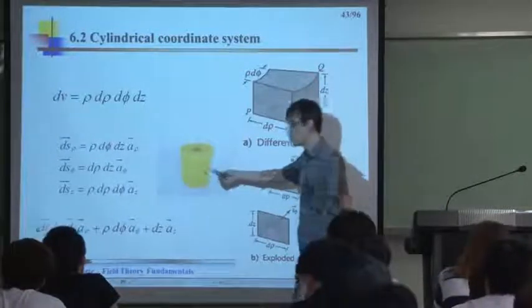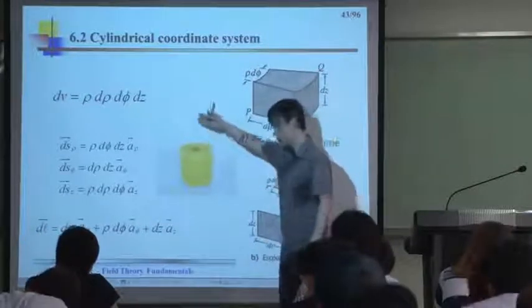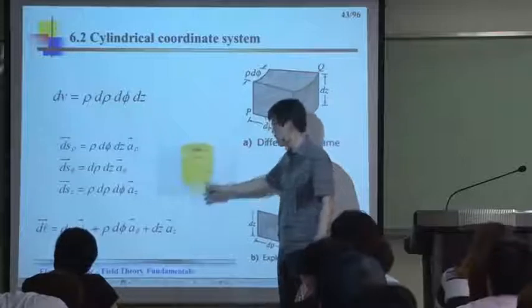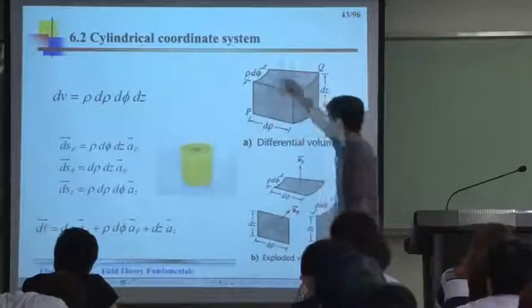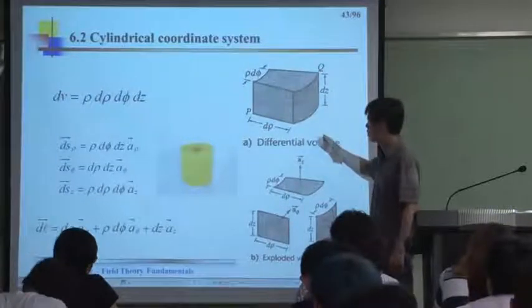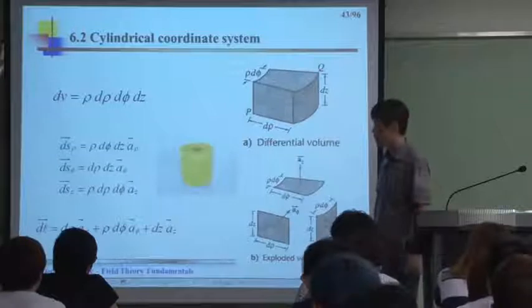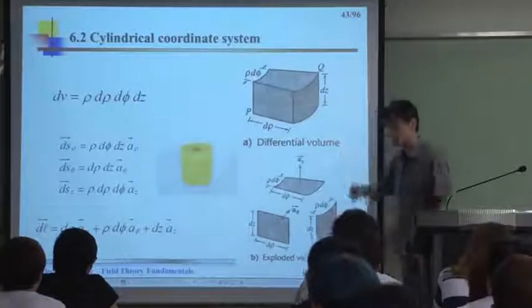So it is a good example. Here is a pineapple. So the pineapple has the cylindrical shape. And if you cut the pineapple, then you may have this shape, this form.